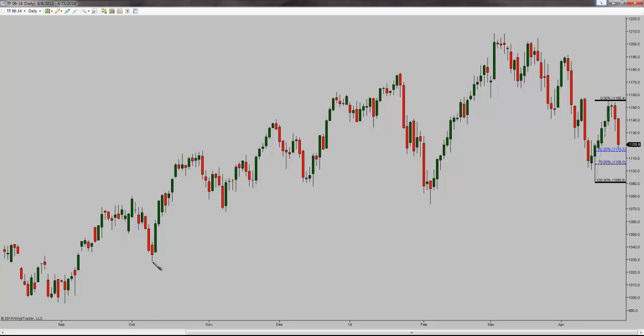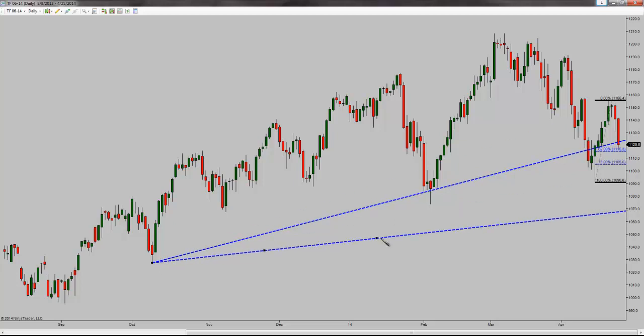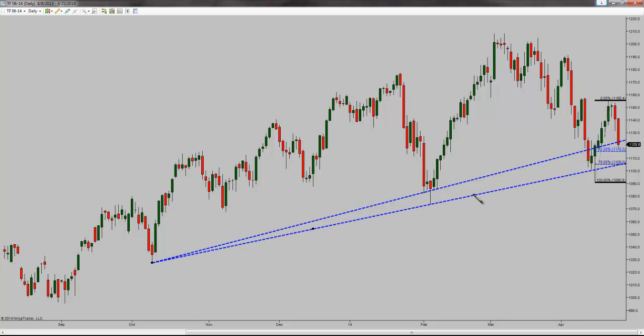The TF is weakest relative to the S&P. I'm just matching up points of contact here. I would expect they're going to come down to, and this ain't Nostradamus here, 1105.